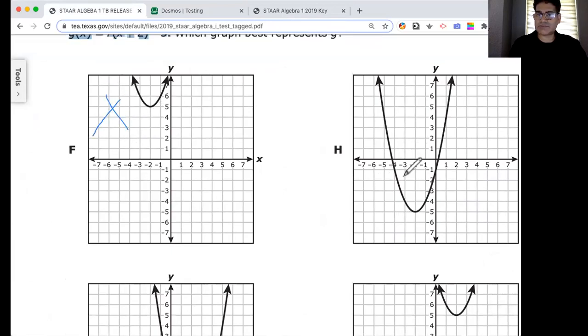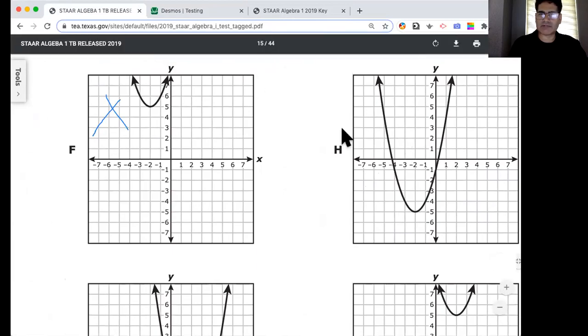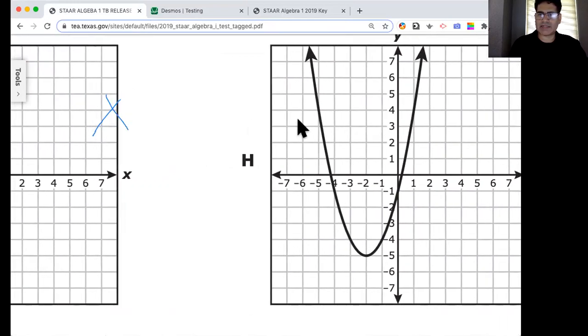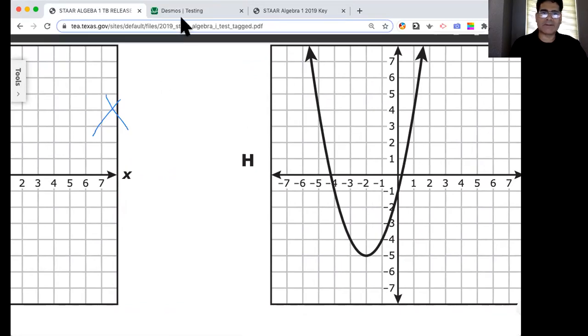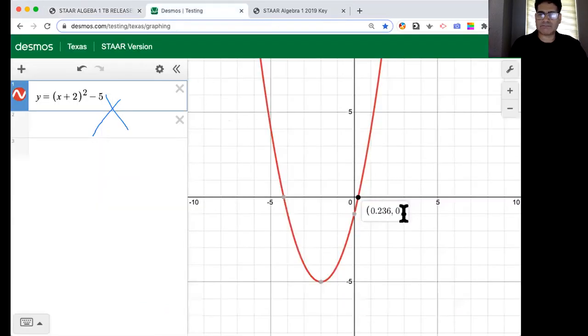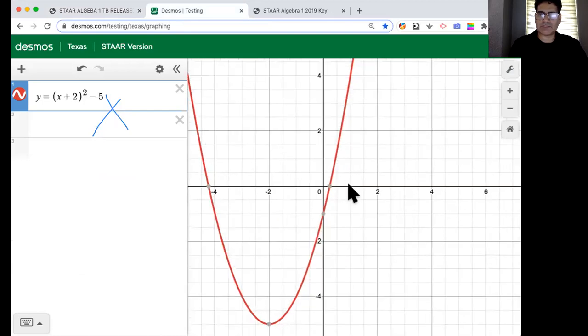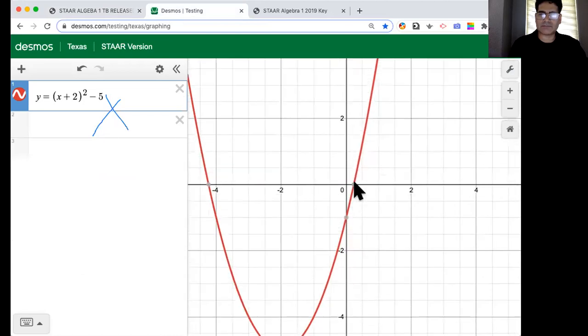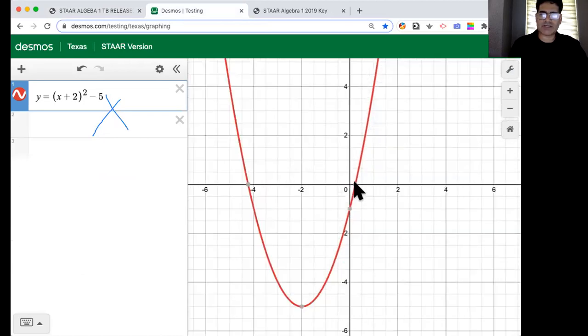Looking at this one, I might have to zoom in a little. Let's look at H. Let's zoom in a bit, and I have a -4 and something between 0 and 1. Let's look at that. Something between 0 and 1. Okay, so that looks good. Something just beyond -4, just to the left of -4.